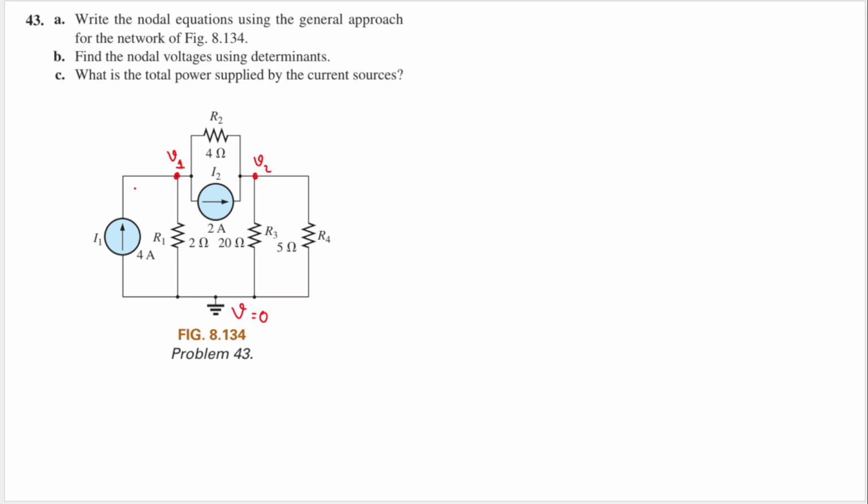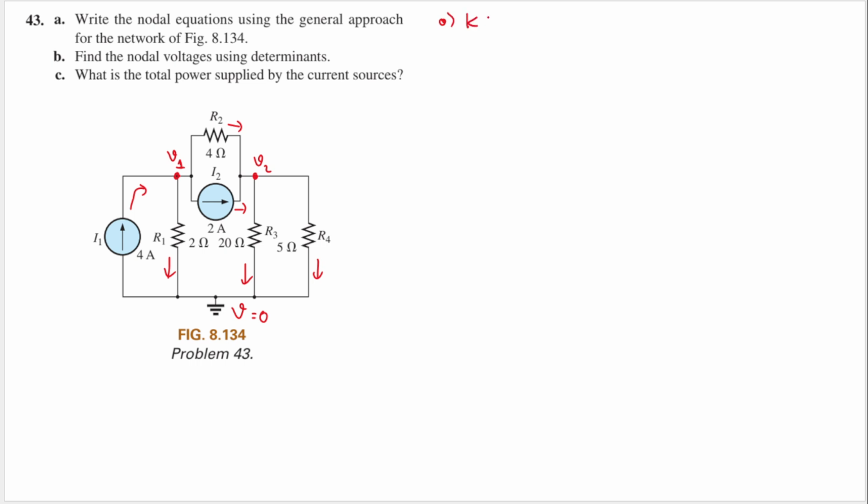Let's assume the direction of the current: this is going up, and these are going down. This one I just follow, so it goes to the right. So we have assumed the direction of the current, and now we can do KCL at V1 and then KCL at V2.